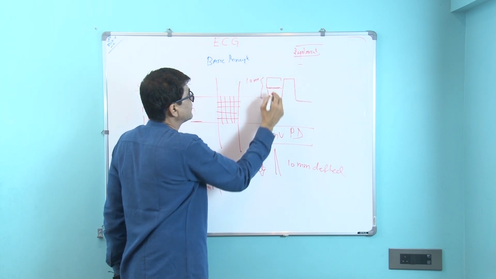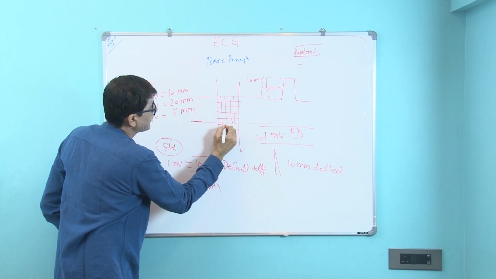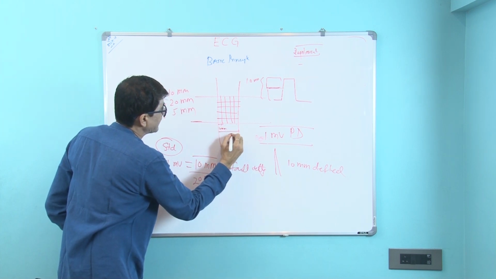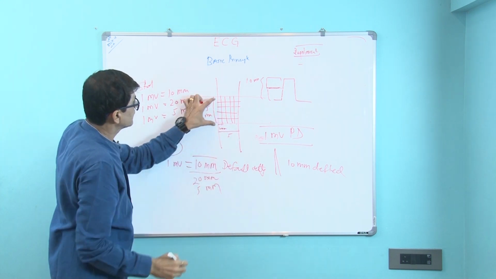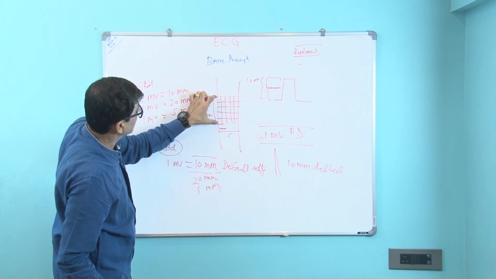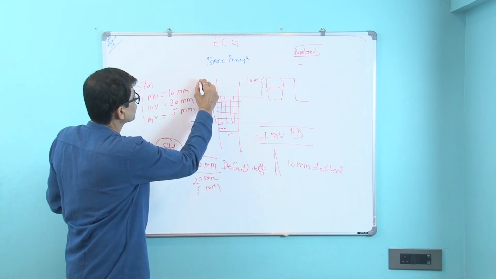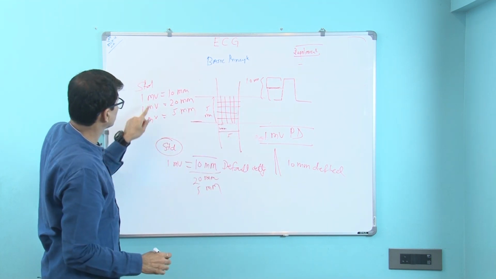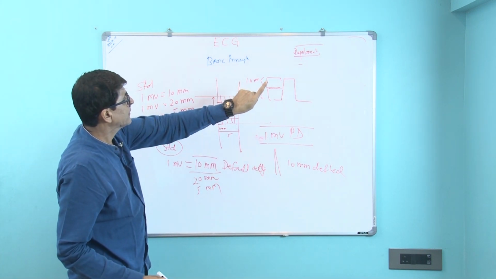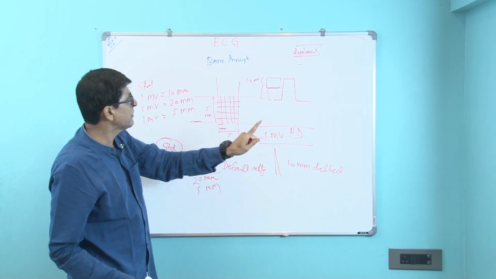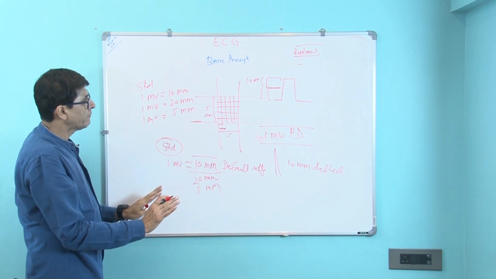This distance is 1 millimeter, 1, 2, 3, 4, 5, so this is 5 millimeter. One big square is 5 millimeter by 5 millimeter, so 2 squares is 10 millimeter by 10 millimeter. So, standardization is 10 millimeter per millivolt, or 1 millivolt potential difference will generate 10 millimeter of deflection.